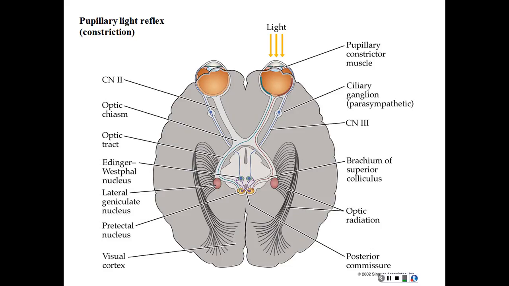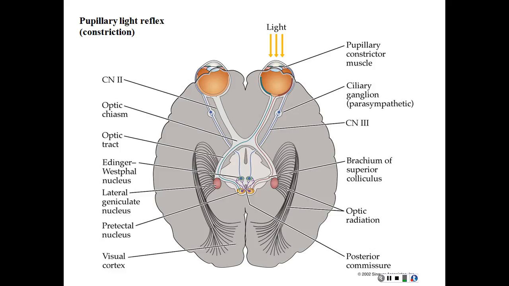Why are you shining light in people's eyes all the time? It's important because you're testing the efficiency of not just the transmission of vision into the central nervous system, but the appropriate response to that cue. What is the appropriate response?